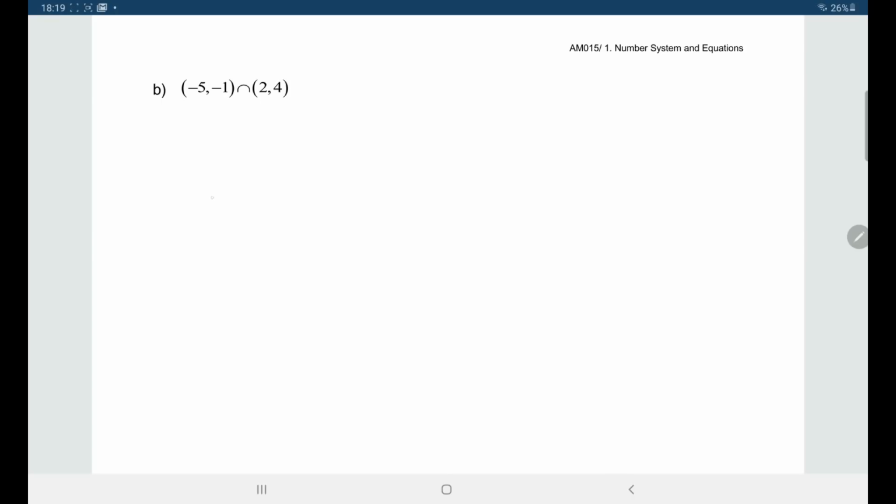Okay, the first step, draw the number line and then mark the number line using the end values of the intervals according to their values. From both intervals, from smaller value to higher value are -5, -1, 2 and 4. We mark here -5, -1, 2 and 4.